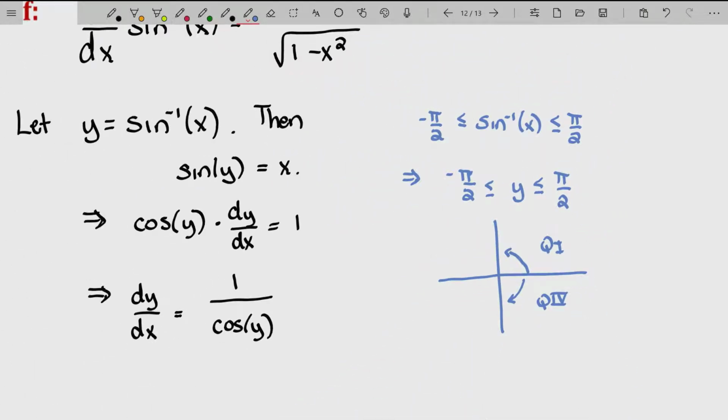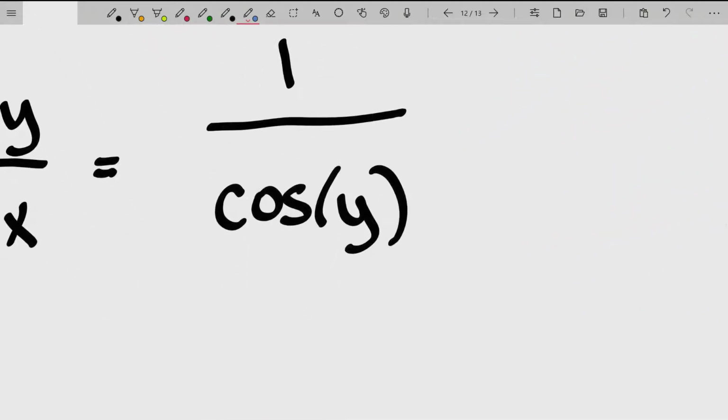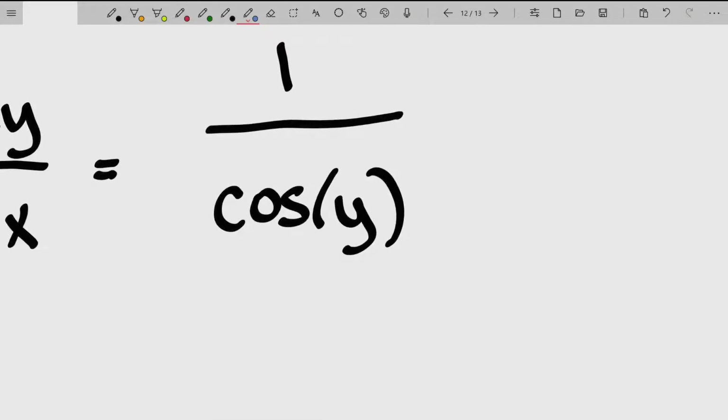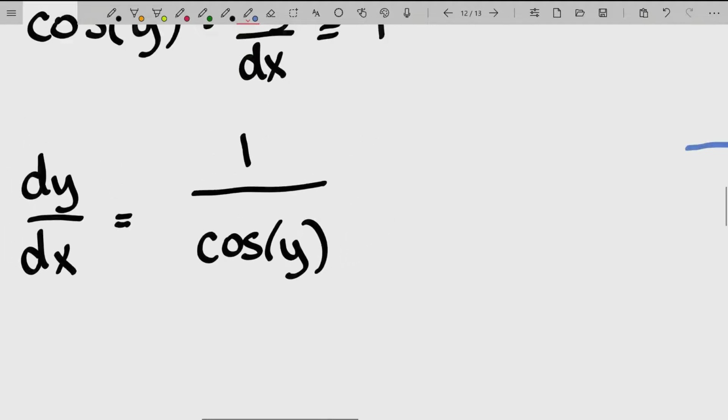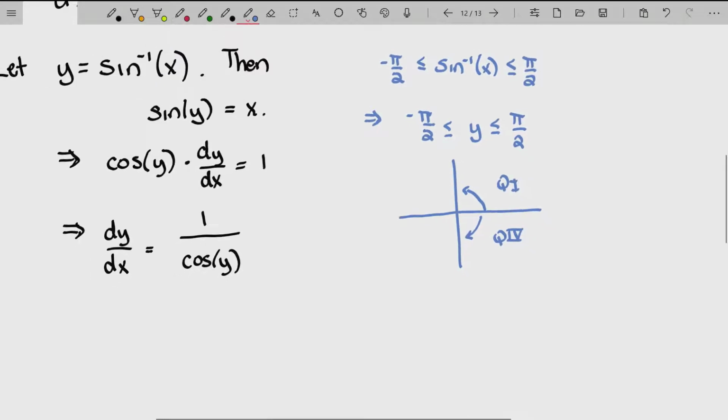In quadrants 1 and 4, the cosine is positive. So this is where your trig prerequisite becomes massively important. Since the cosine is positive in both of those quadrants, I don't have any ambiguity when I draw a triangle here. And this is why I say I'm doing the inverse conversation first, and then we'll draw a triangle.